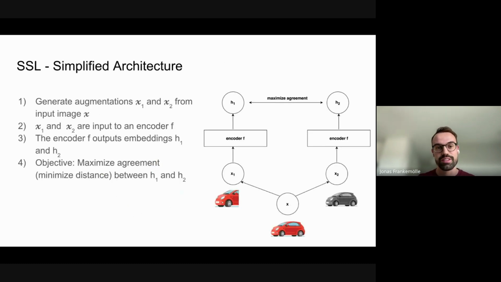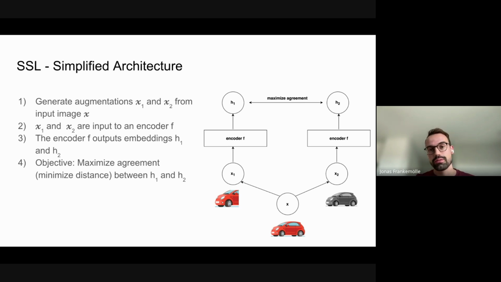So this is the simplified architecture that all the self-supervised learning methods these days follow. Like I've said before, we generate augmentations. Here we call them X1 and X2 from this input image X. And these augmented images are then input to an encoder F, and the encoder F outputs the embeddings H1 and H2.